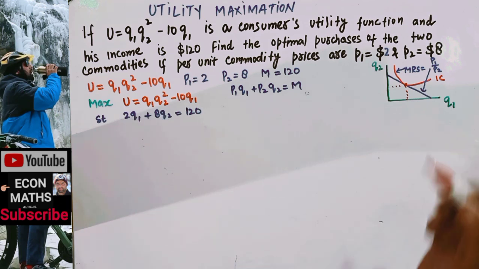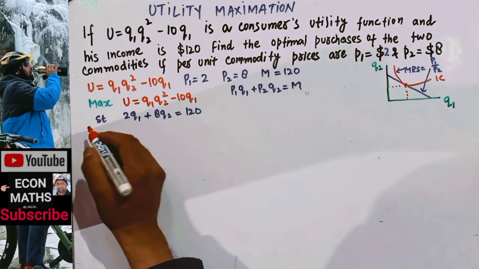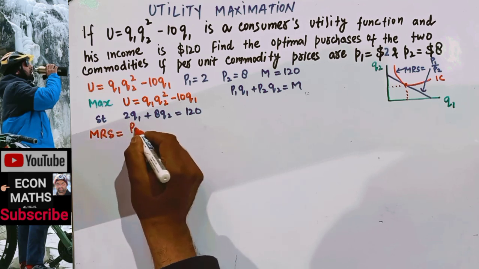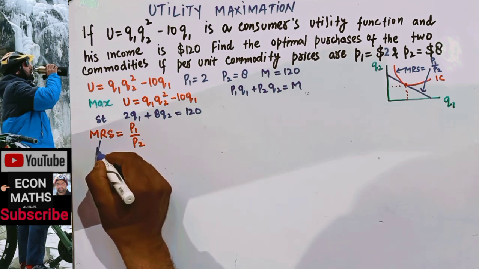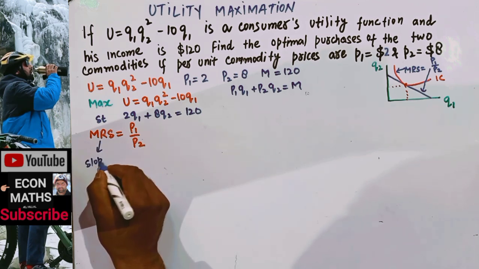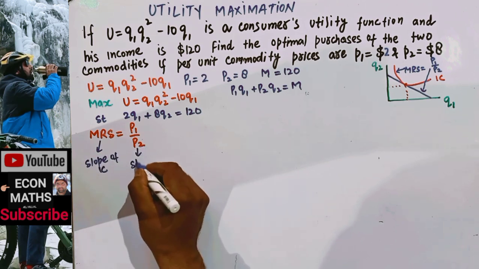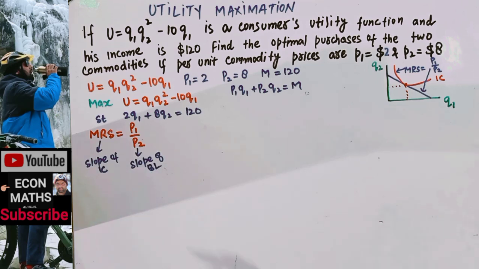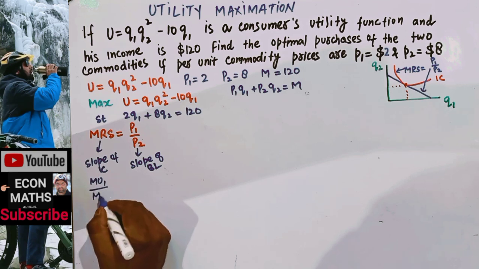Now, what is the tangency condition, or optimization condition? Our MRS should be equal to the price ratio P1 upon P2. MRS is simply the slope of the indifference curve, which should be equal to the slope of the budget line, let's denote it by BL. By MRS, what we mean is the marginal utility of good one upon the marginal utility of good two.